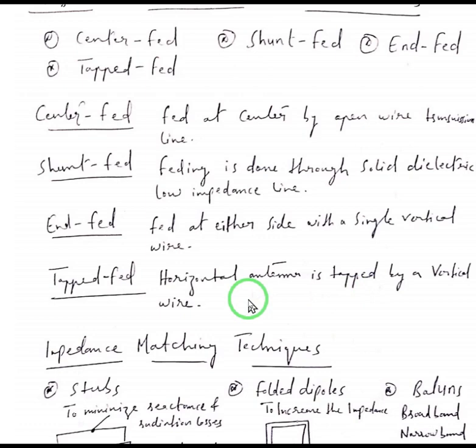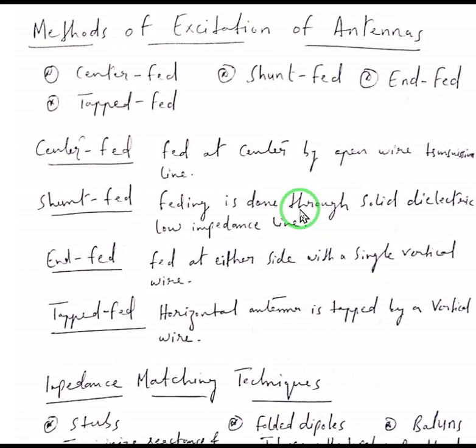That means as we have to provide the source to the horizontal antenna, we have to tap or connect it with a vertical wire, or if the antenna which has to be excited is a vertical antenna, then we have to tap it with a horizontal wire. That is called tap fed. These are the four excitation methods of antennas.